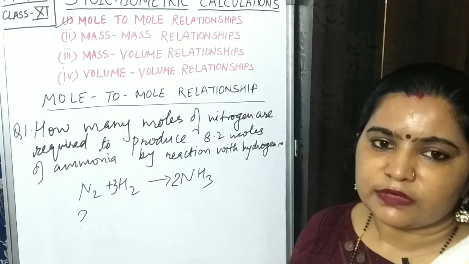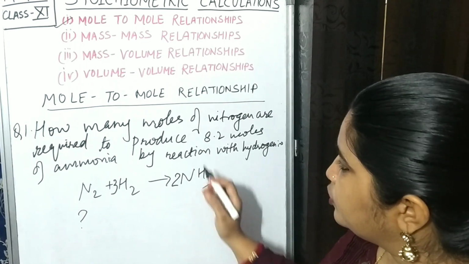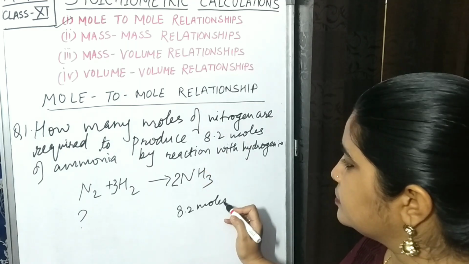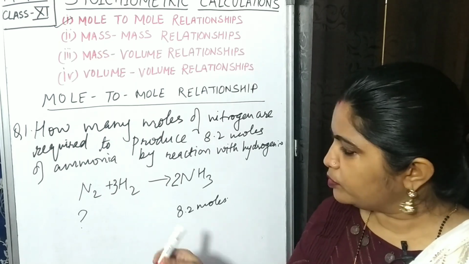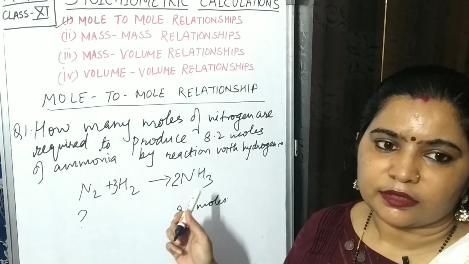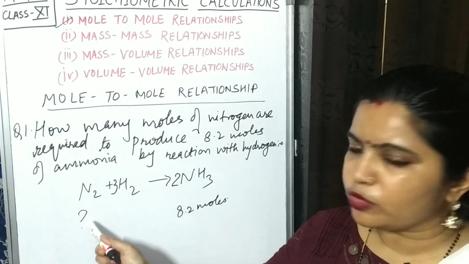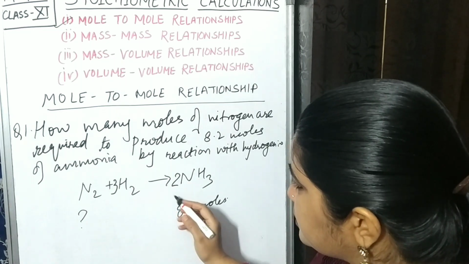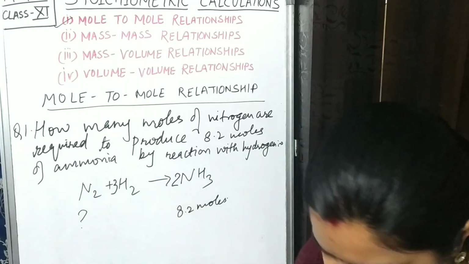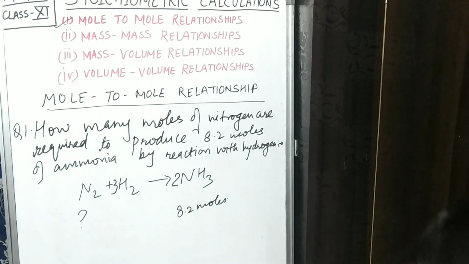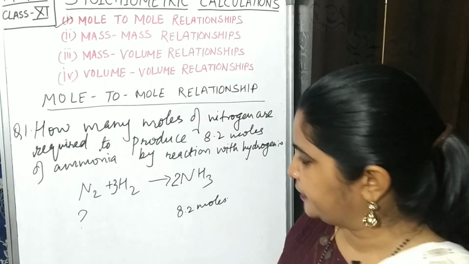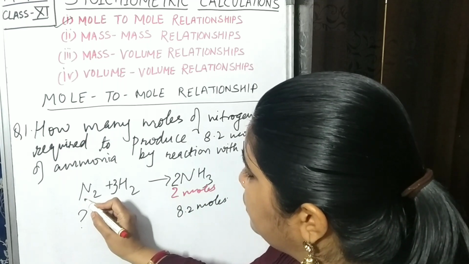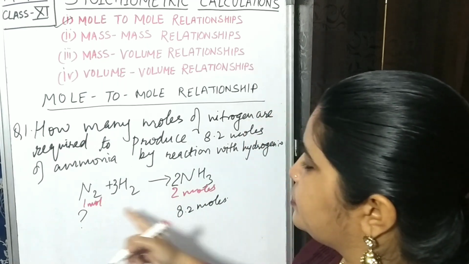So we will see that ammonia is given, moles of ammonia is 8.2 moles. Now, according to the reaction, 2 moles of ammonia are produced from 1 mole of nitrogen.